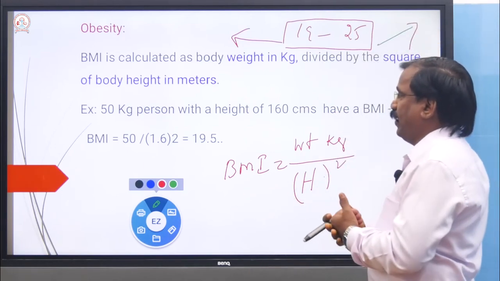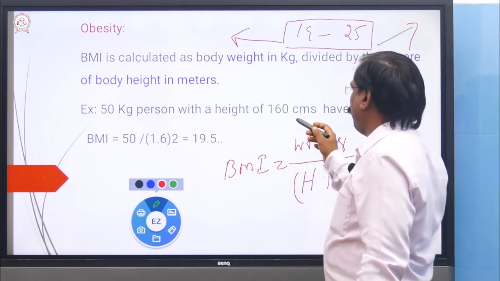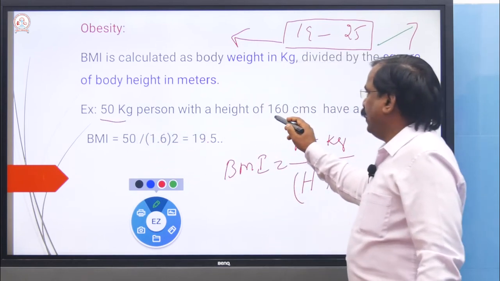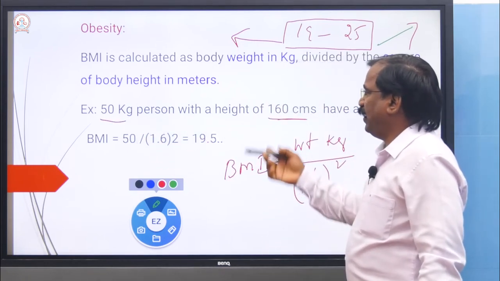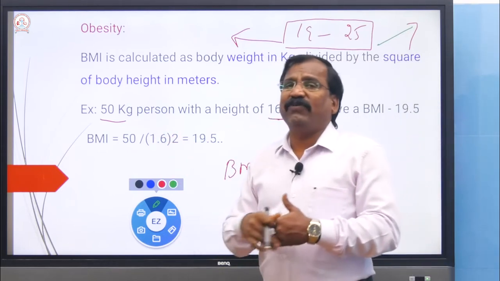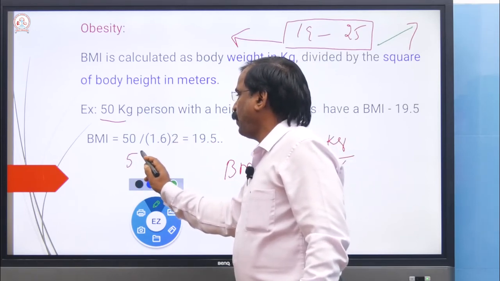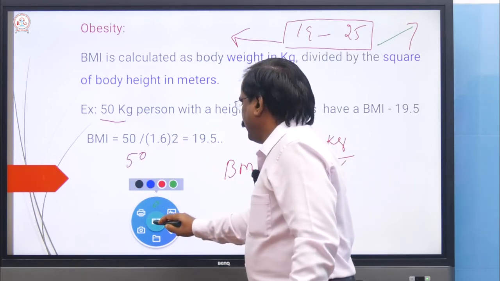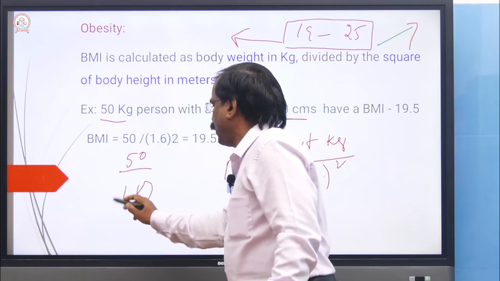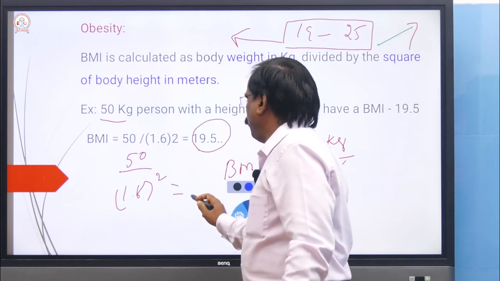For example, one person weighs 50 kg and his height is 160 centimeters. If you convert to meters, it is 1.6. So 50 divided by 1.6 squared, you get the quotient 19.5.